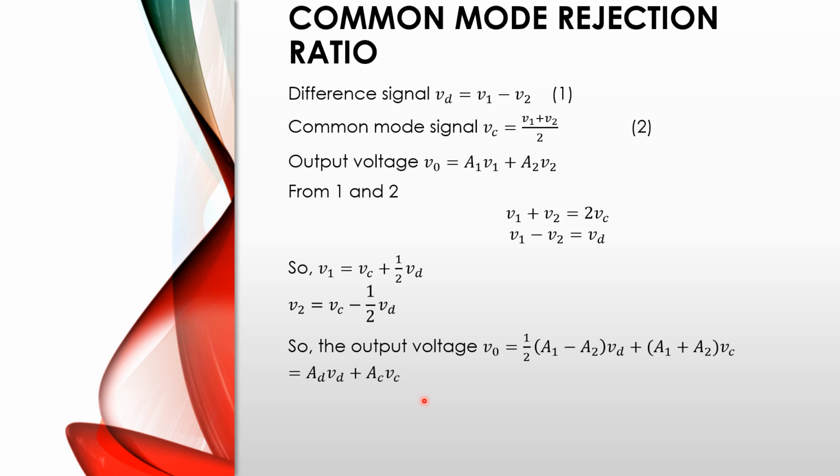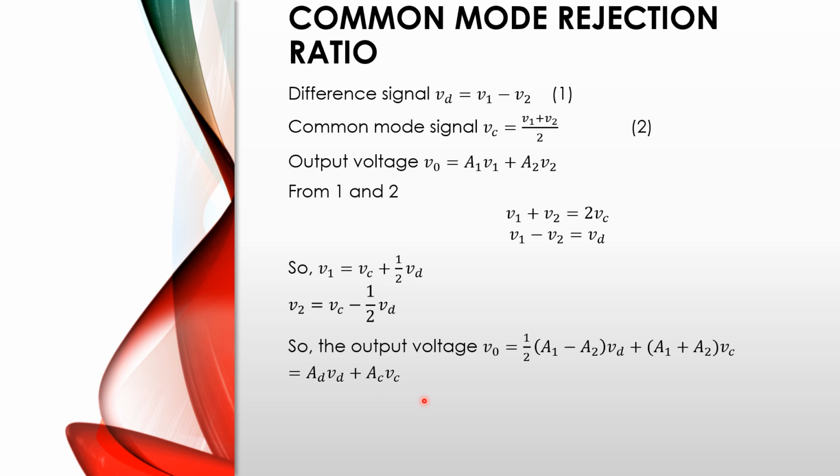Ad is the voltage gain for the difference signal and Ac is the common mode signal gain. In the ideal case, Ad is infinitely large while Ac is 0. But in a practical situation, this is not true.